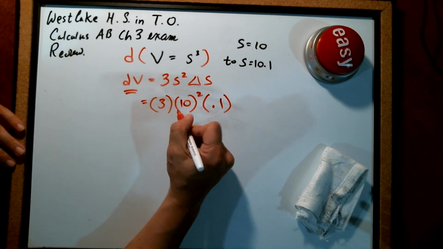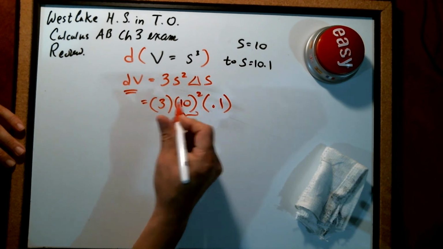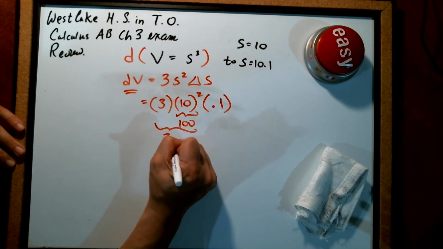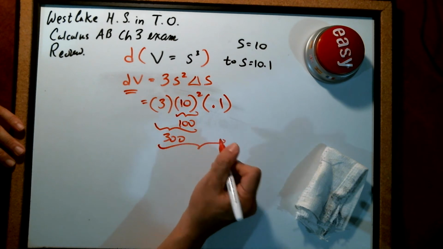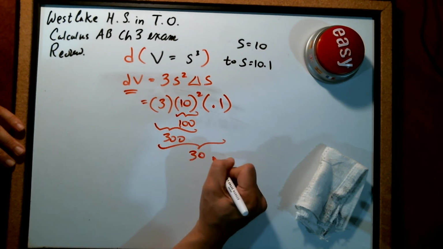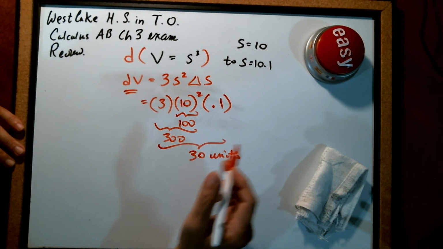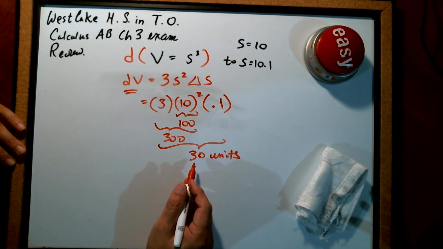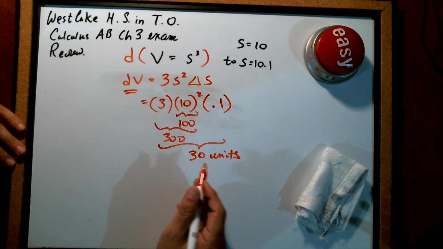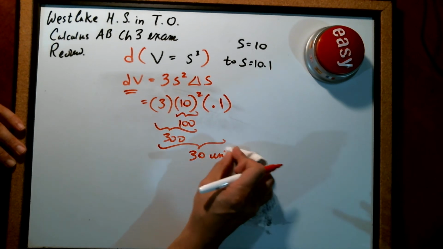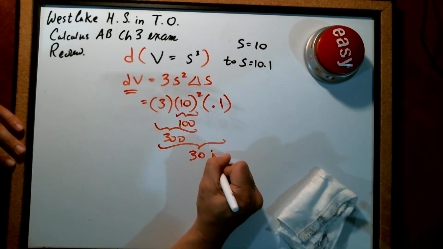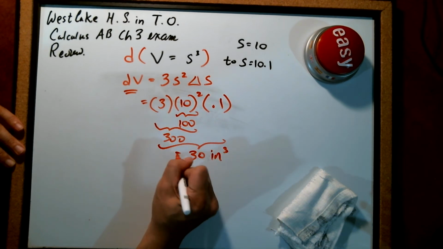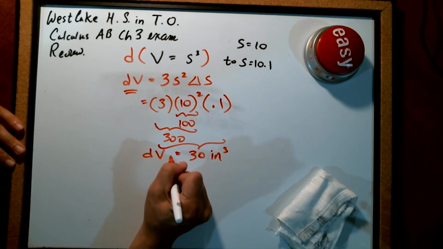We get 100 times 3 times 0.1, which would be 30 units. And the units, I don't know what the units were. Inch. So the units are going to be inch cubed. That would be the differential in V.